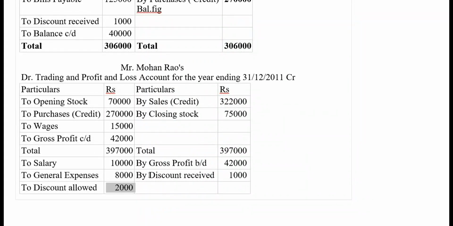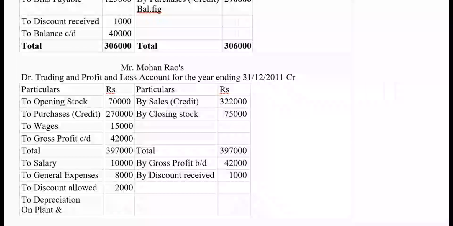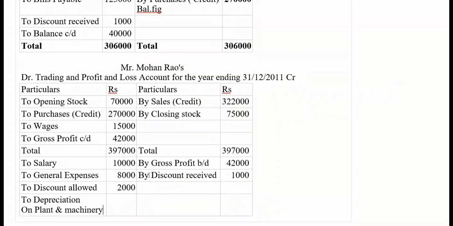Then to depreciation on plant and machinery, the rate of depreciation is given as 10% of rupees 40,000, which comes to 4,000.